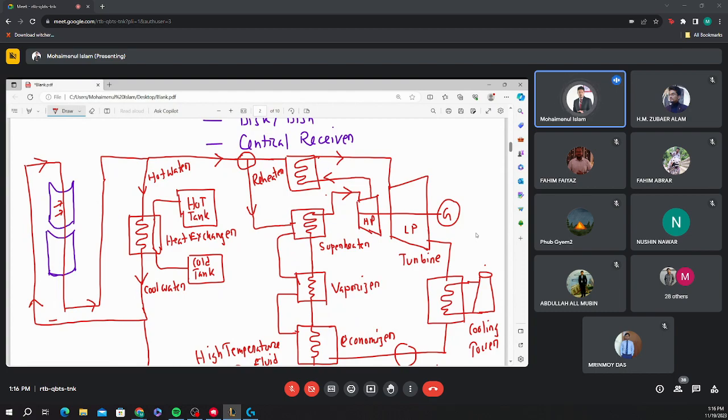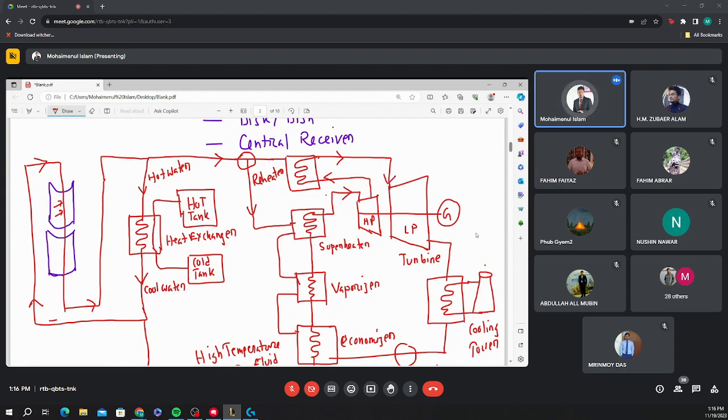turbine. Okay. And after rotating the high pressure turbine, maybe it loses some temperature, some heat content, then it requires some reheated point. So that's why that less temperature steam comes to the reheater and is reheated again and flows to the low pressure turbine and rotates the low pressure turbine.